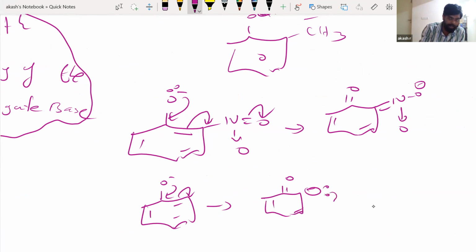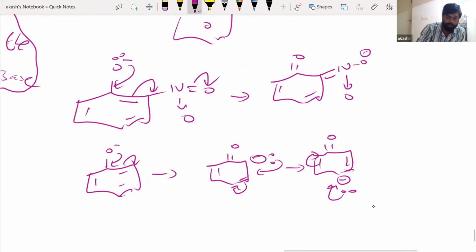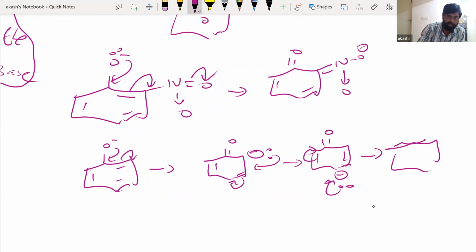What will be the next step? This bond will come here and this bond will break, right? So now you will have double bond O, a bond formed here, a negative charge formed here, and the bond is here. Again, 2 electrons are there. This bond will again shift, make a bond, and this will go back, right? So we will be able to write it as a negative charge here, and there is a double bond formed.